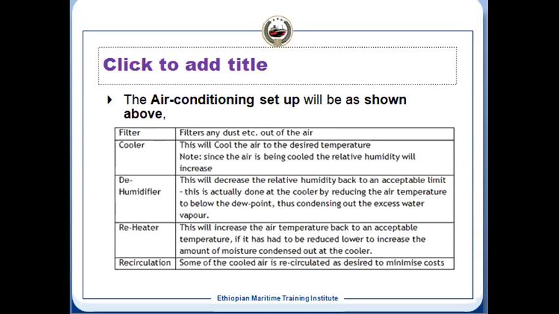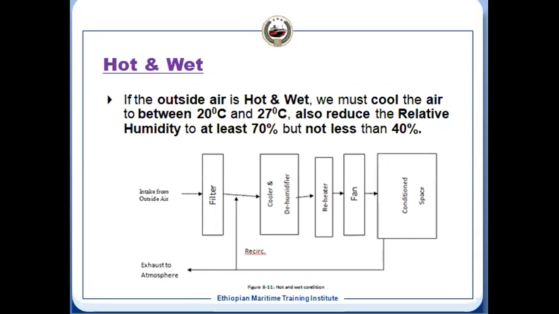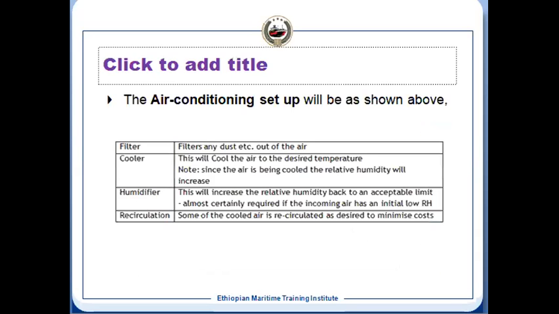But for hot and dry, if you see the explanation, it shows if the outside air is hot and dry, and then in the next slide, it says if the outside air is hot and wet. The same explanation. It makes it a little bit ambiguous.